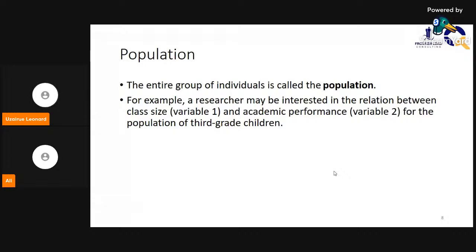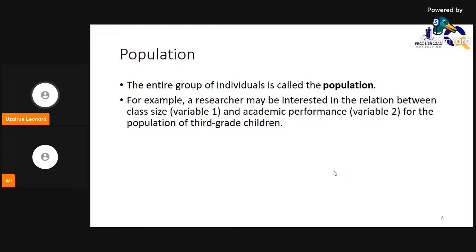Your school could also be a population. Your hospital is a population. So that is what a population is. Then, for example, let's take a student for example.